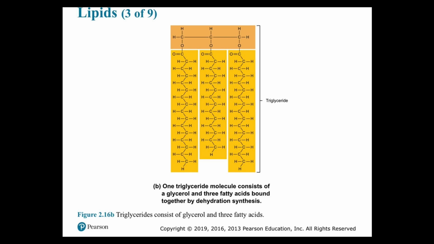Luckily, you don't have to learn the names of these bonds, but in biology, these are ester linkages, in carbohydrates they're glycosidic linkages, in proteins they're called peptide bonds, and in nucleic acids phosphodiester linkages, but here we don't have to go into those details.